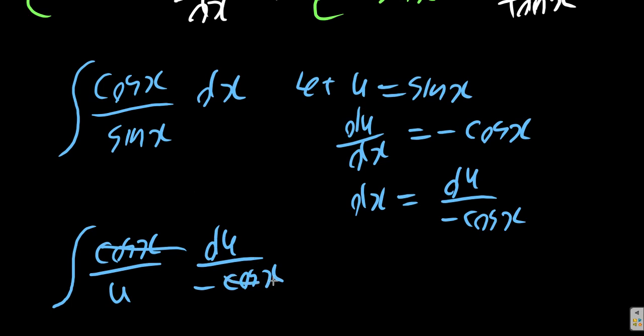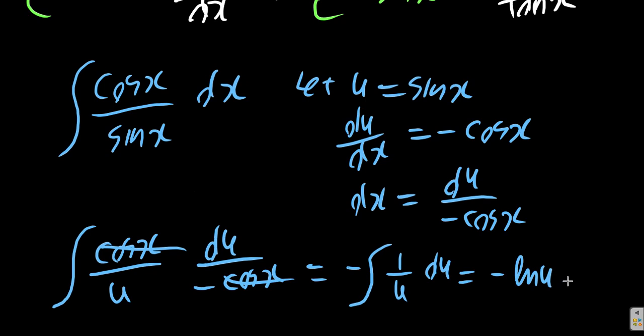Now you have a cancellation. Cos cancels cos. So what you have is negative integral of 1 over u du, which is negative ln u plus c.